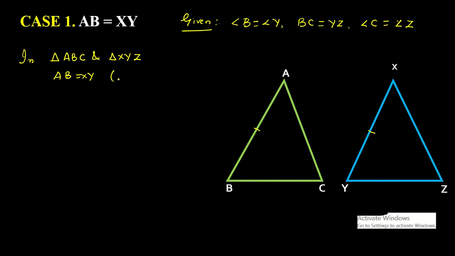That's our supposition. Then it's given that angle B is equal to angle Y. Also, it's given that BC is equal to YZ.